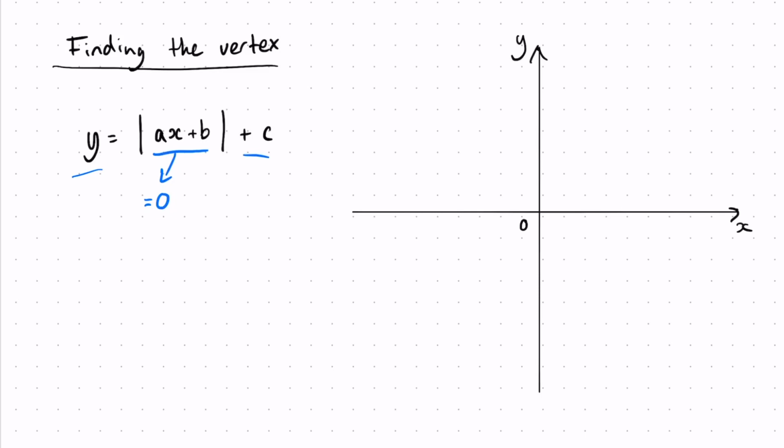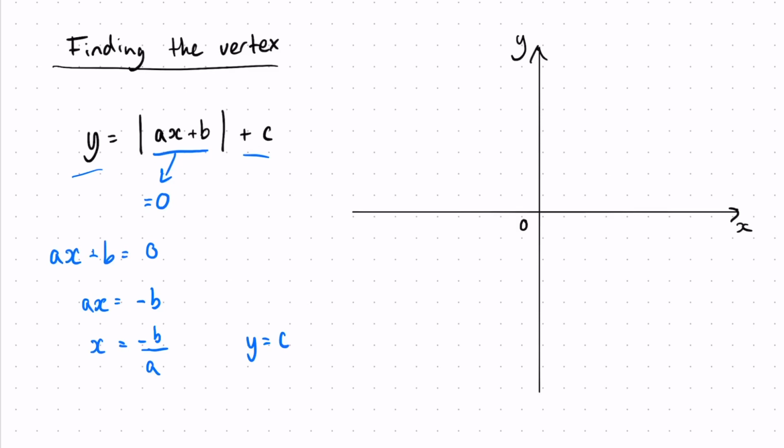Okay, so all you have to do is say that ax plus b is equal to 0. So therefore, ax equals minus b. So the x ordinate of the turning point is minus b over a. Okay, and then that graph is shifted from the x-axis by the value c.